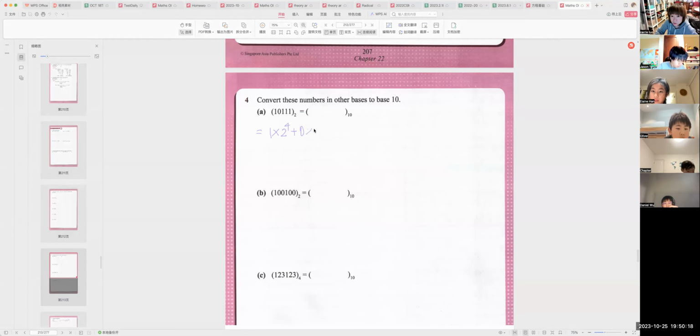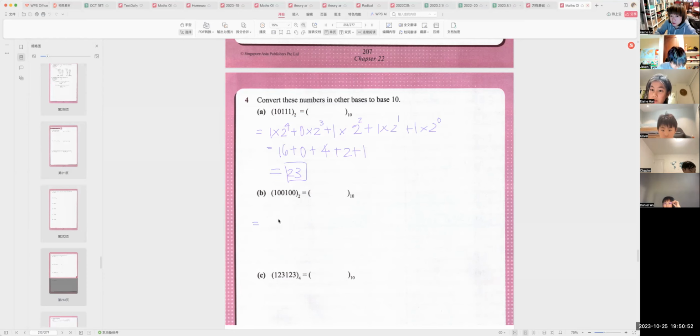Plus 0 times 2 to the power 3, plus 1 times 2 to the power 2, plus 1 times 2 to the power 1, plus 1 times 2 to the power 0. So equals 16 plus 0 plus 4 plus 2 plus 1 equals 23. Correct, everybody? Okay, Elaine, good job.